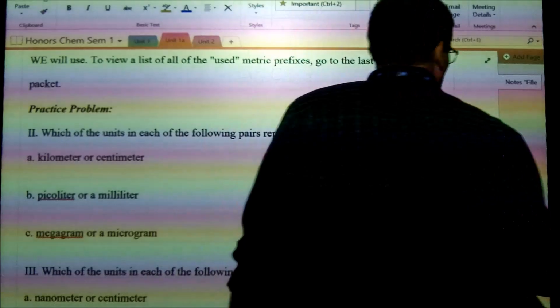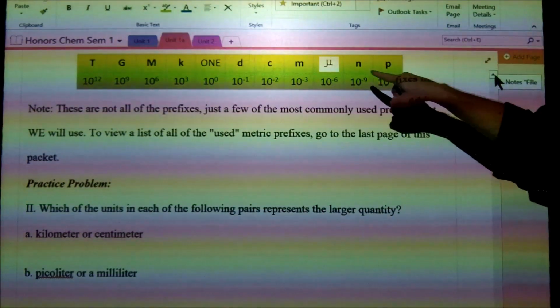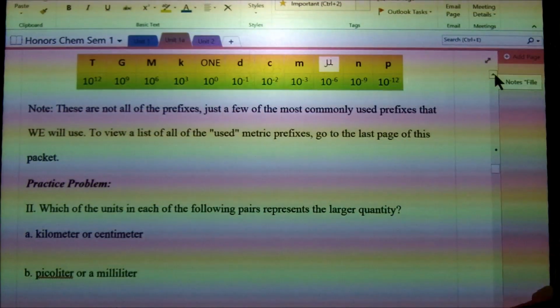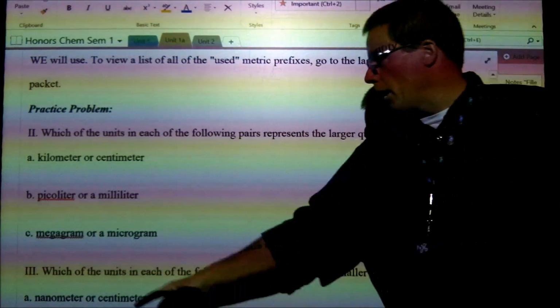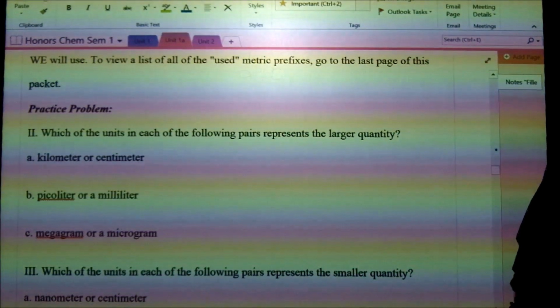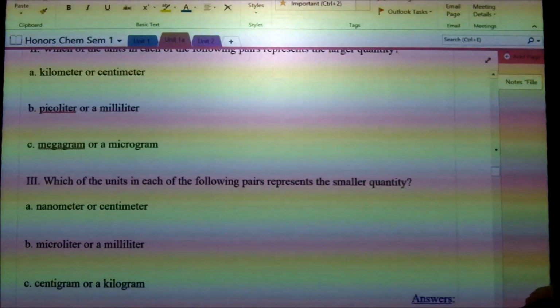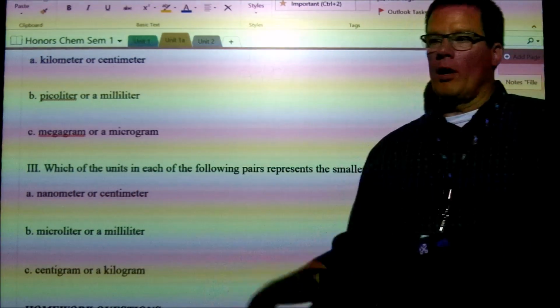So pico, again, is off to the side here, negative 12. Pico, and then, what was it? Milli. Oh, here we go, there. Okay. Megagram or microgram? Mega's bigger. And then number 3 is asking which one's smaller. So which one's smaller, a nanometer or a centimeter?